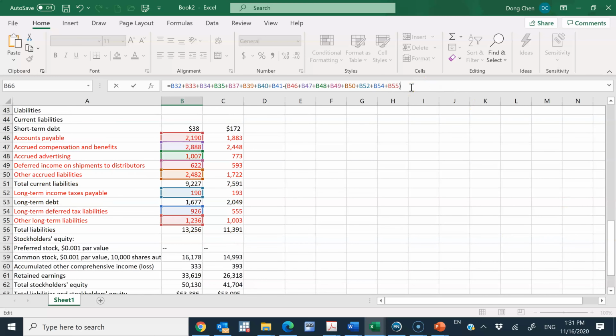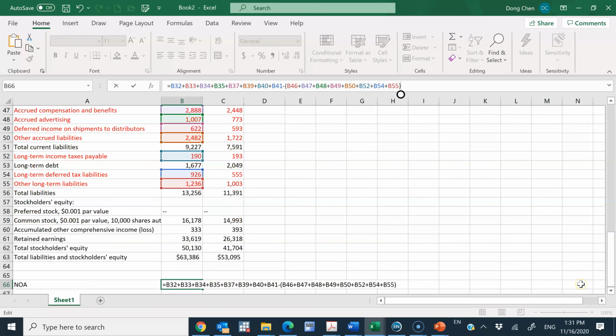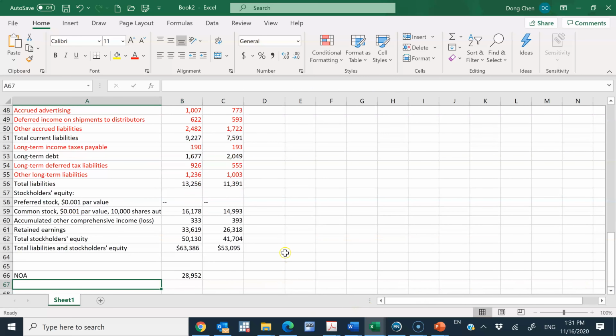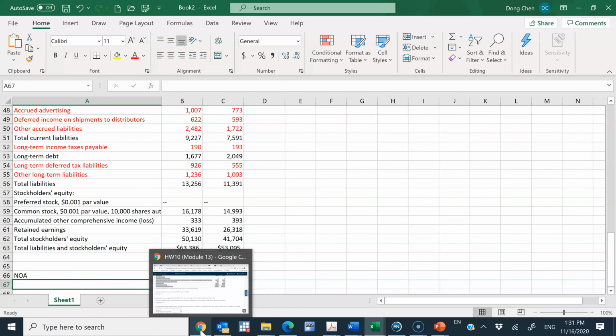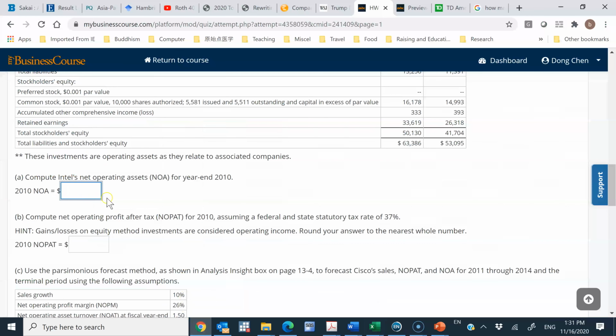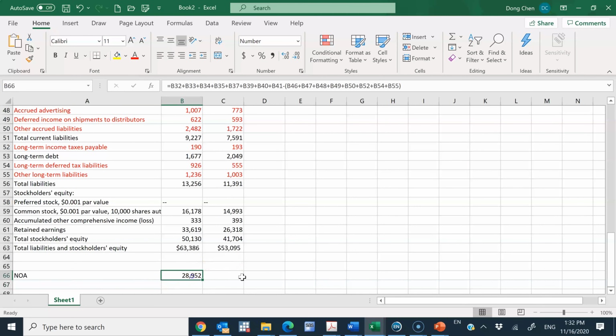Then close that, and I guess we are done with this NOA calculation. This only asks us to calculate NOA for 2010, so we don't have to drag the cell to the other year to get the corresponding number for another year. Basically, we just copy the number.